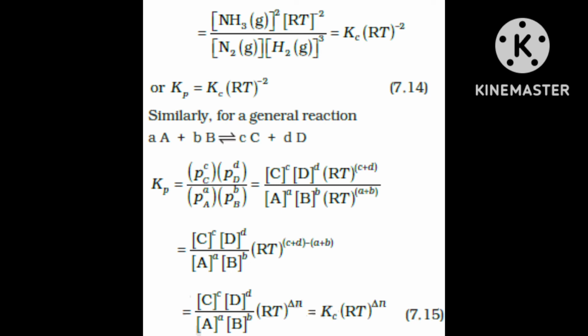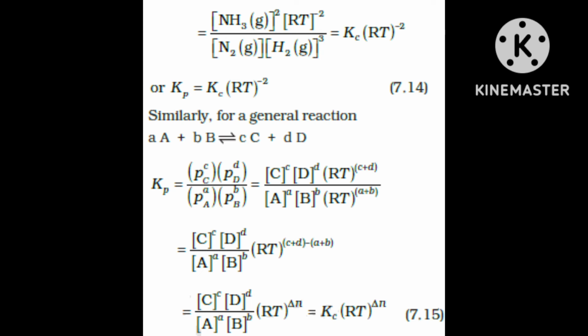This value is actually Kc for ammonia. Now see, first you have written Kp. That Kp, after cancelling all the things, has a value equal to Kc into RT.